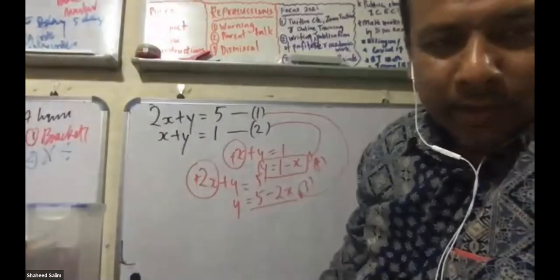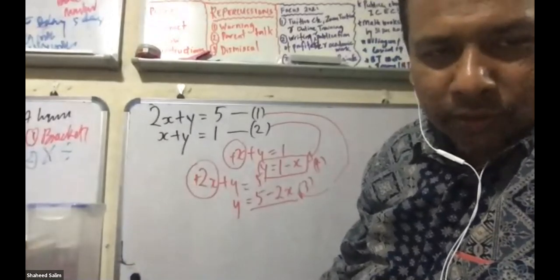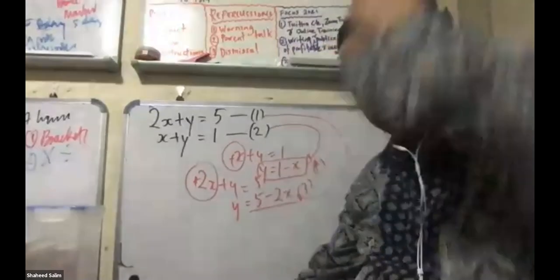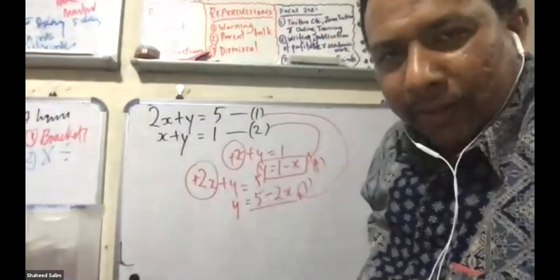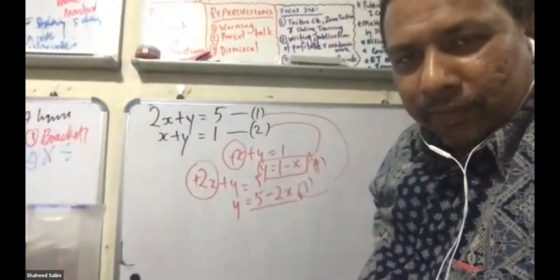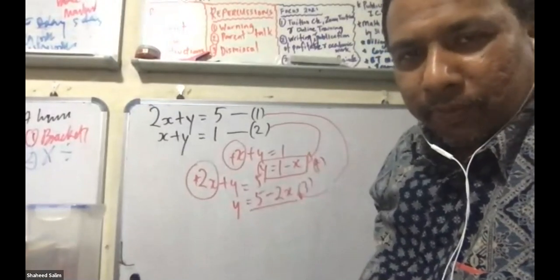Negative. Okay, answer key say +4 lah. Shafi, yours, Shafi? My y is -3. My x is 8. X is 8. Ryan, you got, Ryan? Still doing? Don't know how to do.